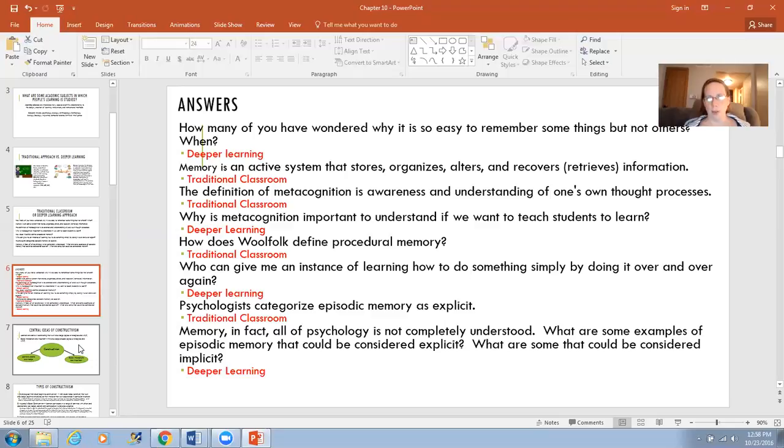They would want to understand how different people react to the same situation. There's no set answer, although there's definitely some explicit knowledge in all fields. Okay, but what I want you to take away from this slide, again, is this idea that there are deeper learning approaches and there are traditional classroom approaches to learning.